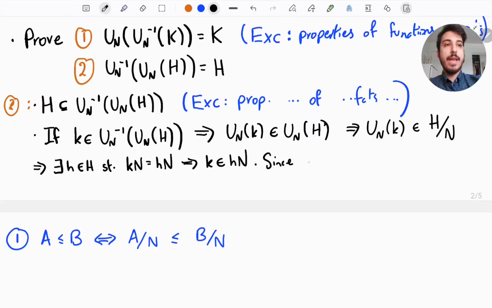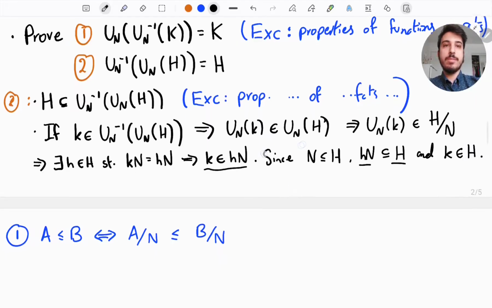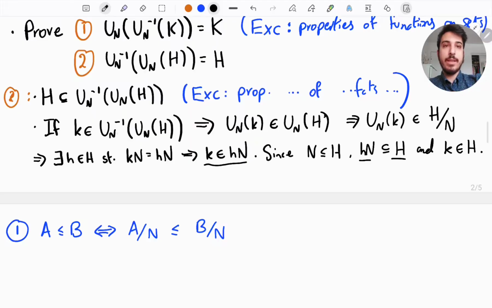Since N is a subgroup of H and is contained inside H, then hN is contained inside H as well, because h is contained inside H and N is contained inside H. So naturally, this coset is contained inside H, and k, because hN is in H, is an element in H. So this means that we've successfully proven that if k is in here, then it is in here.